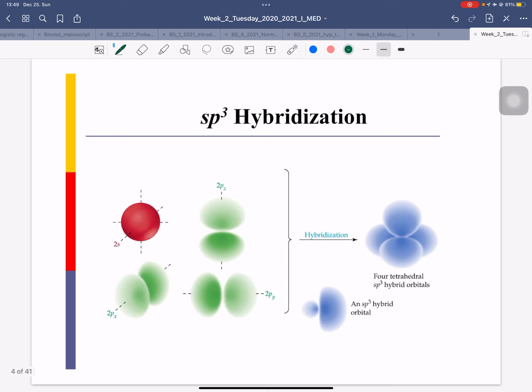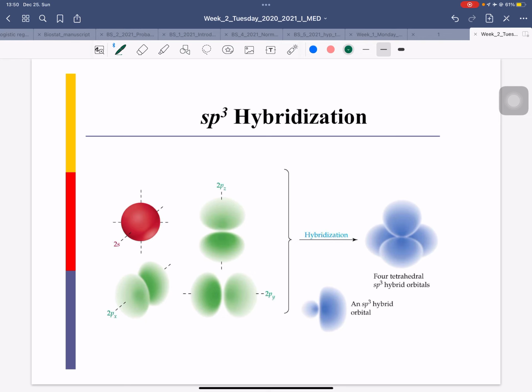As you see here, the s orbital is spherical, and with 3 p orbitals, which are on 3 axes, px, py, and pz.